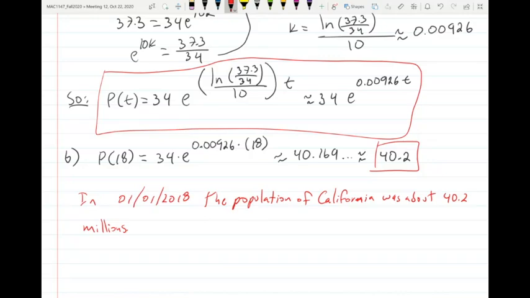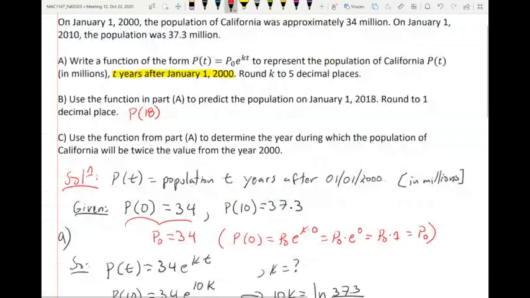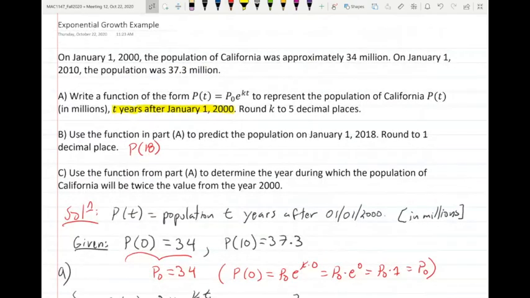Okay, perfect. All right, so let's take a look at part C. It says use a function from part A to determine the year during which the population of California will be twice the value from the year 2000.